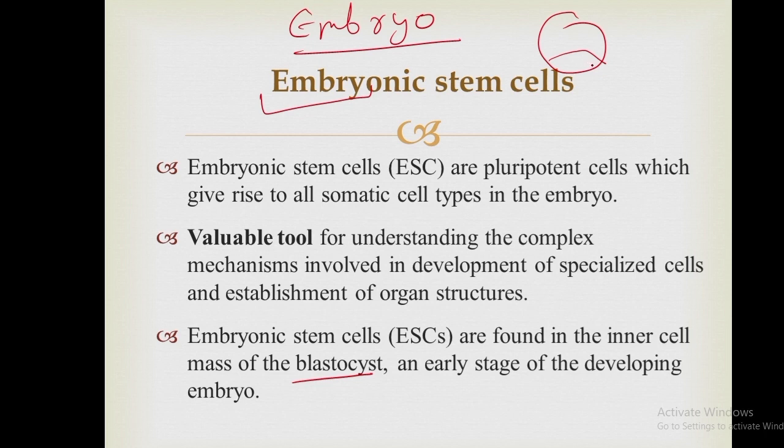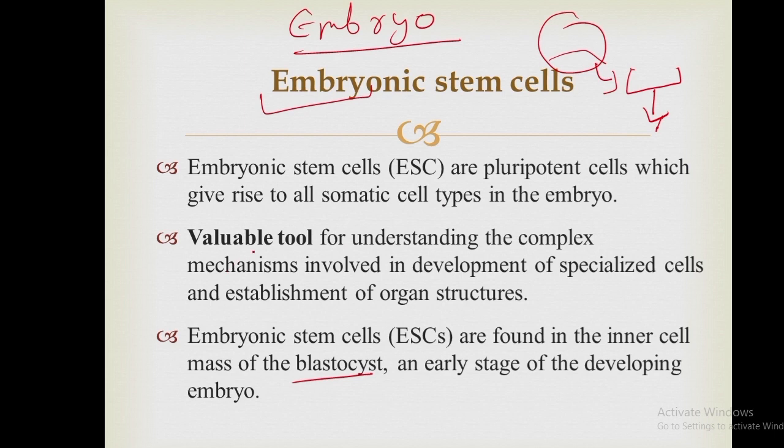The researcher will isolate that cellular mass and use cell culture based methods, and a stem cell line can be established. After the establishment of the stem cell line, it can be used for multiple purposes like generation of some organs or some special types of cells for the human body.